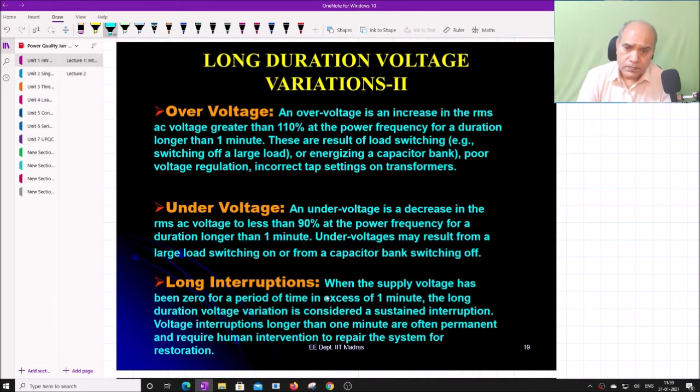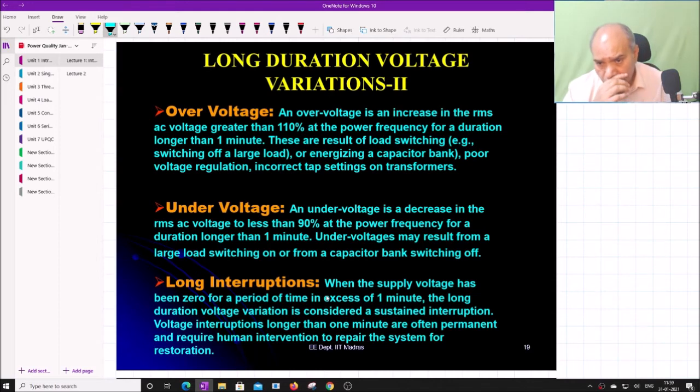Earlier we were talking about half cycle to 1 minute, now it is more than 1 minute. So over voltage is any voltage more than 1.1 per unit existing more than 1 minute. Similarly, under voltage is a voltage less than 0.9 more than 1 minute at power frequency, and long interruptions are the interruptions where we get 0 voltage for more than 1 minute.